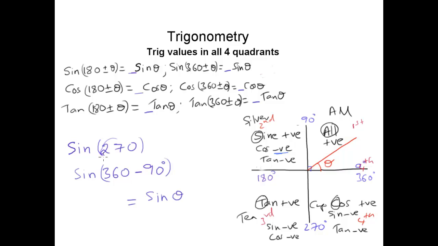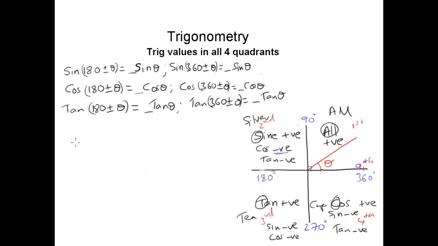And 270 is in which quadrant? If you see, we put 360 minus 90, so this should be in the fourth quadrant, right? And in the fourth quadrant, what is sine? Negative, right? So this is minus sine theta, which is 90. And what is sine 90? It's 1, so minus 1, right?